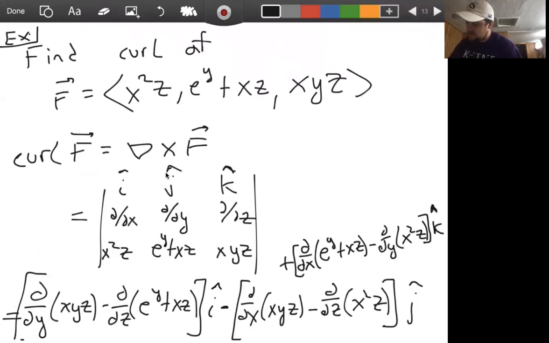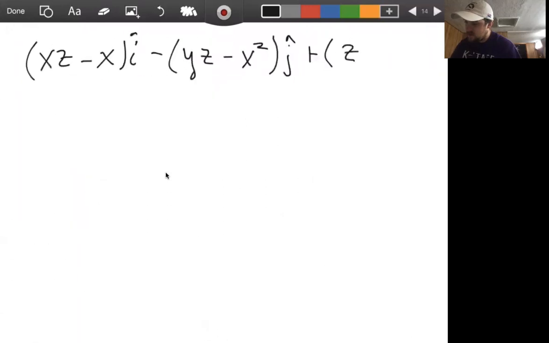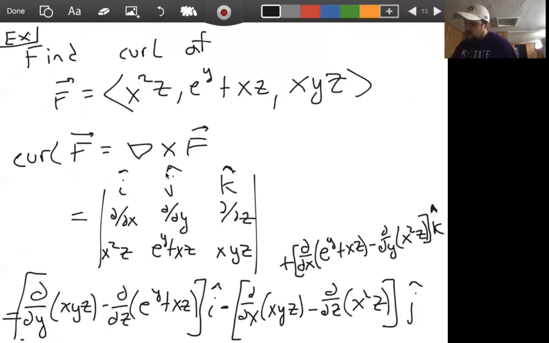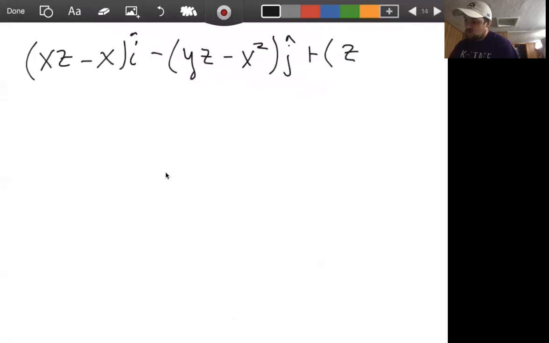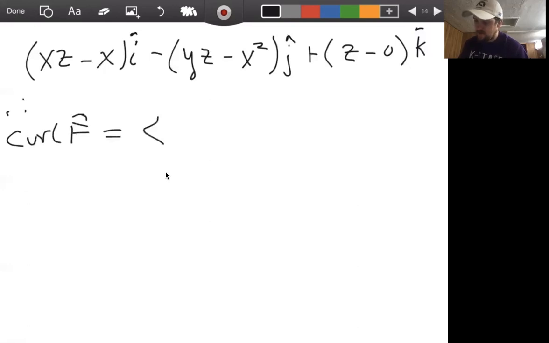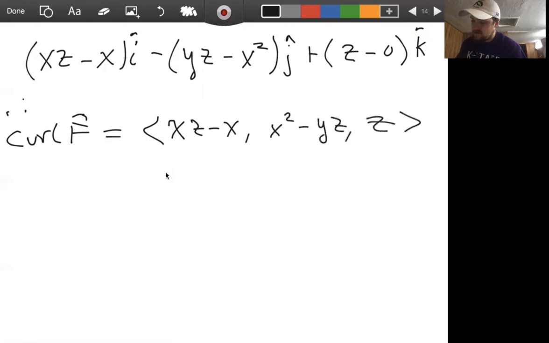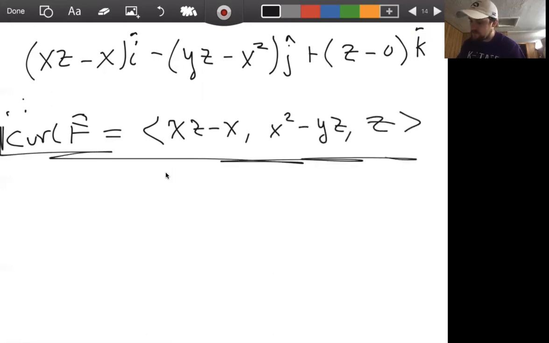That derivative is just z. And then d dy of x squared z is 0 since there's no y there, so minus 0 k hat. That means our curl of F is the vector field xz minus x, x squared minus yz, and z.